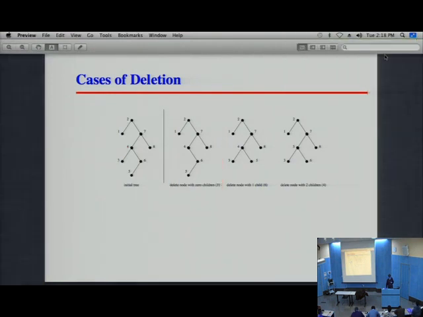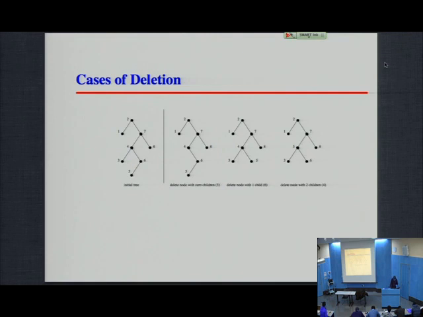What if I am deleting a node that has one child? This node. Okay? If I'm deleting 6, it's got one subtree, a left subtree.